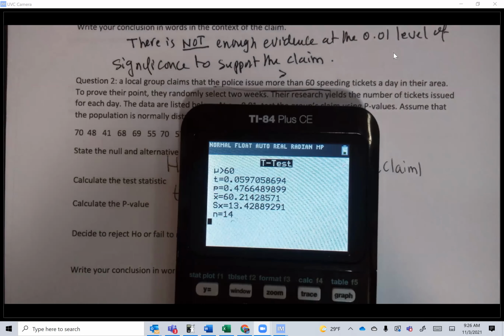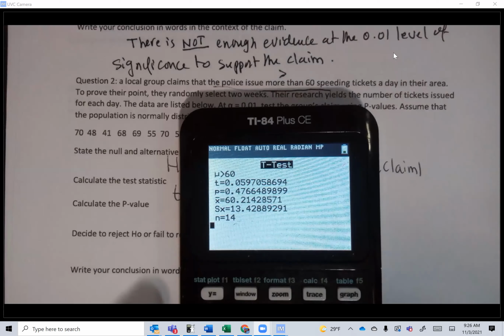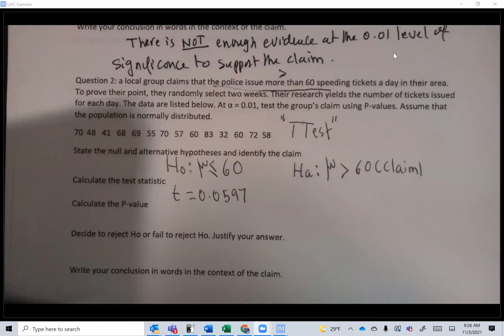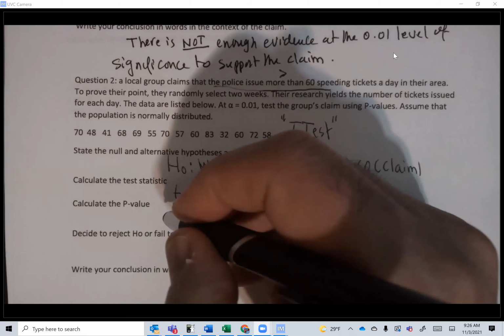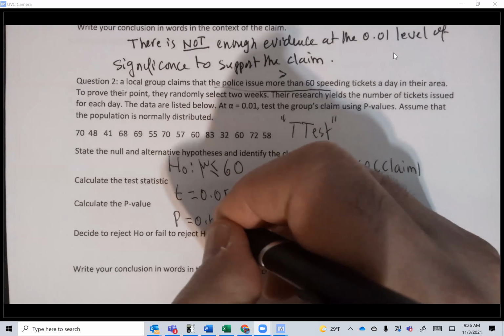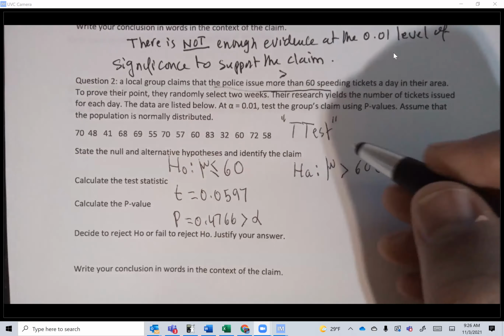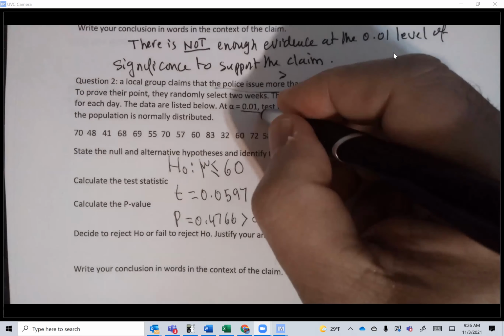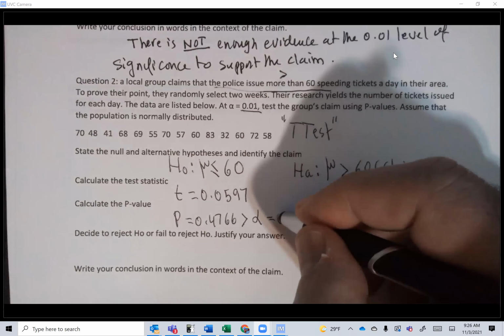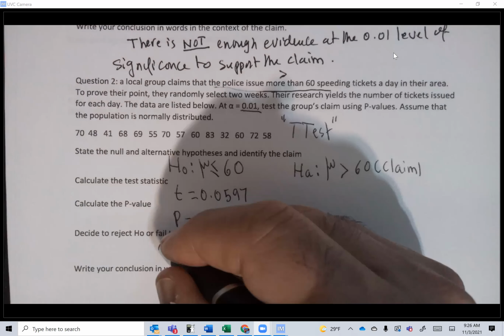So T is 0.0597 and the p-value is 0.4766, which is bigger than alpha, guys. Alpha is only 1%. So you fail to reject HO.